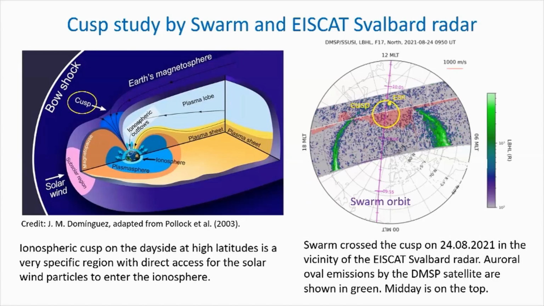And often the EISCAT Svalbard radar on the day side is within the cusp region, but not always, because the cusp location varies in latitude depending on the IMF conditions. And during this specific event, there was also a Swarm overpass over the cusp, and I will show some of the measurements by the Swarm satellite.